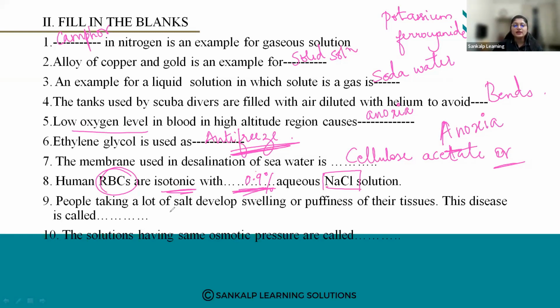People taking a lot of salt develop swelling or puffiness of their tissues. This disease is called as what? Some people take more salt in their food. What is this condition called? Yes, M Lakshmi has answered it right.